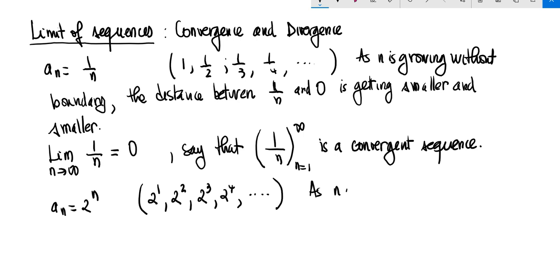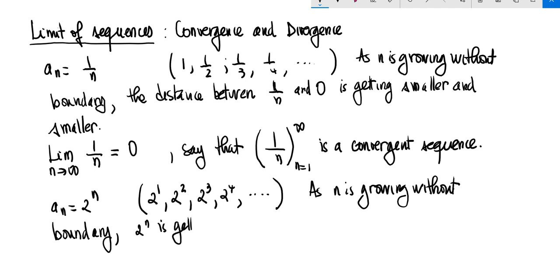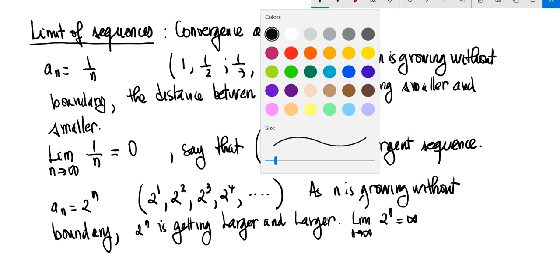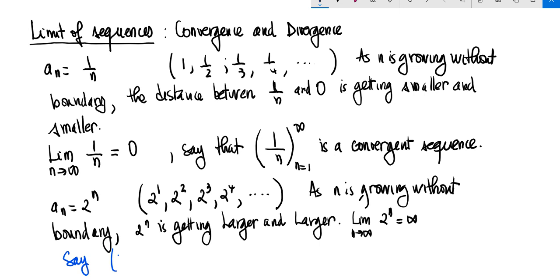And you can see that as n is growing without boundary, 2 power n is getting larger and larger, and we say that the limit, as n is approaching infinity of 2 power n is going to be infinity, and in this case we say that the sequence 2 power n, when n is going from 1 to infinity, is divergent.